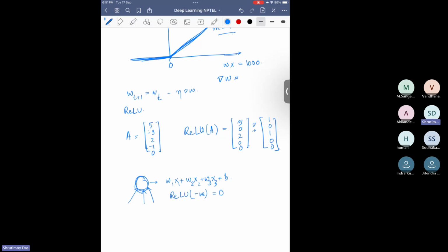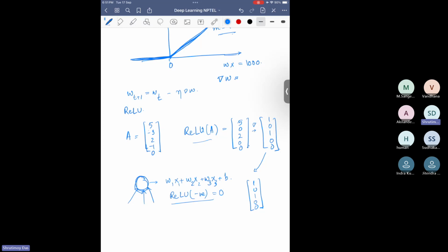Now whenever you are doing back propagation, another important thing: take this example, the gradient of this value of a is 1 0 1 0 0.